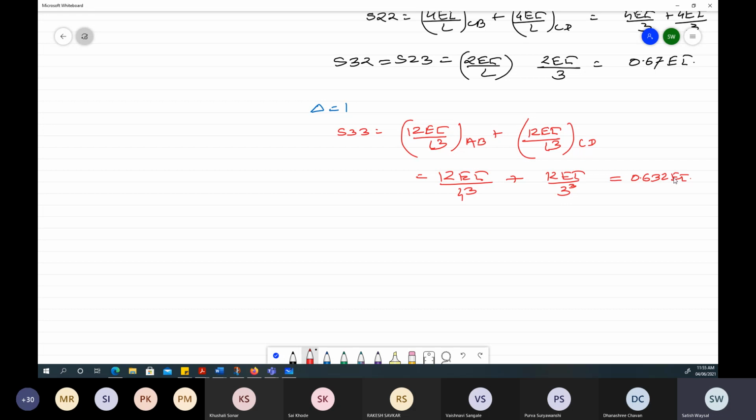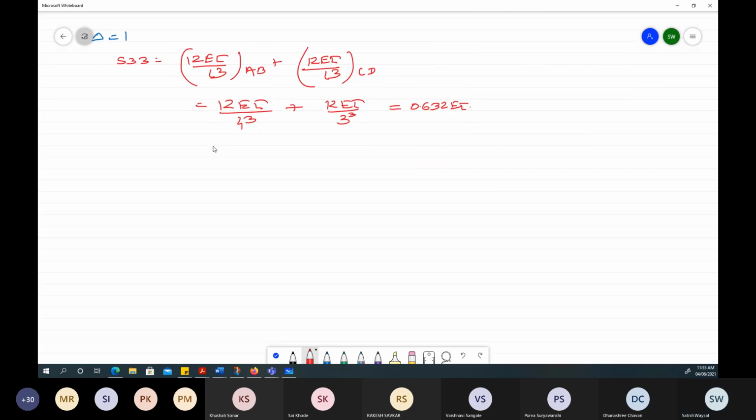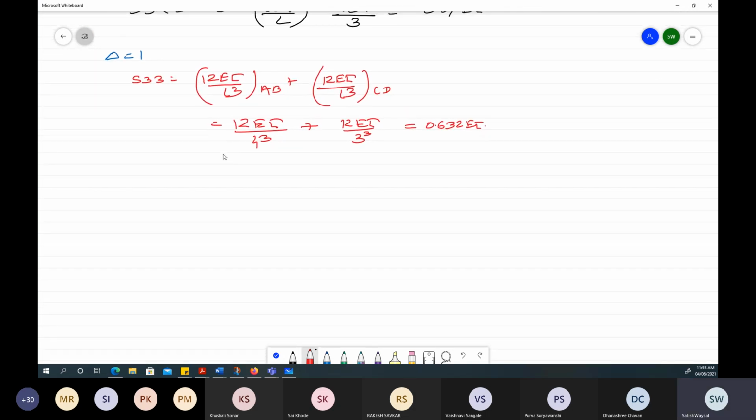Now in this case we have determined all the stiffness matrices and the displacements because of external loading.